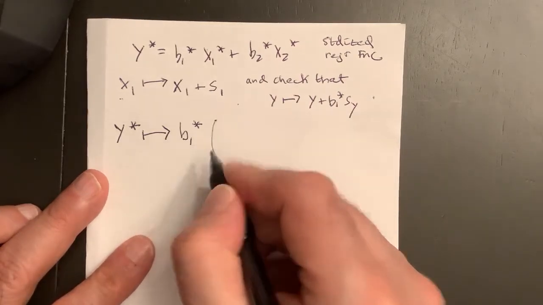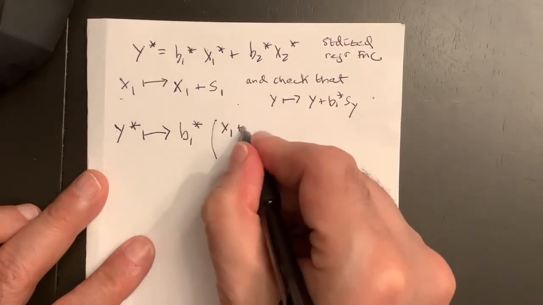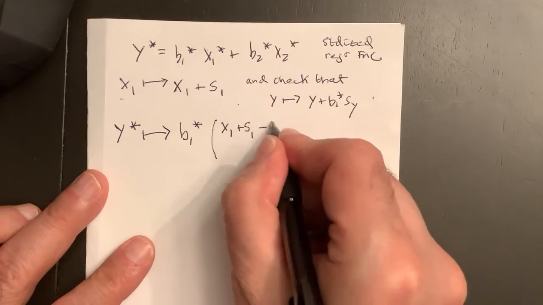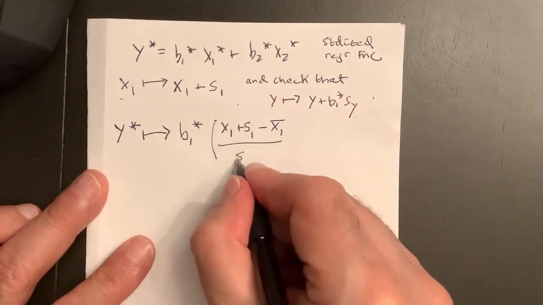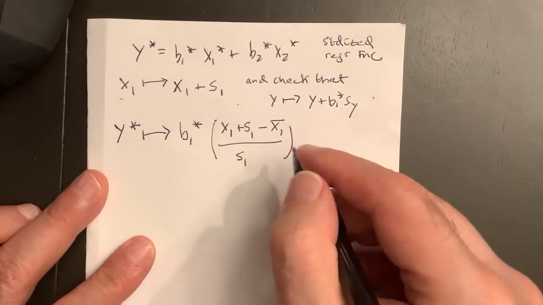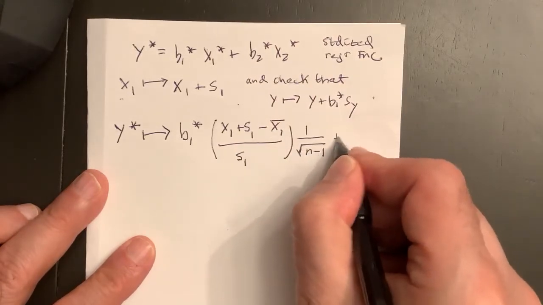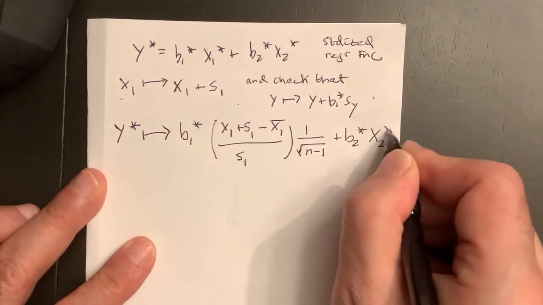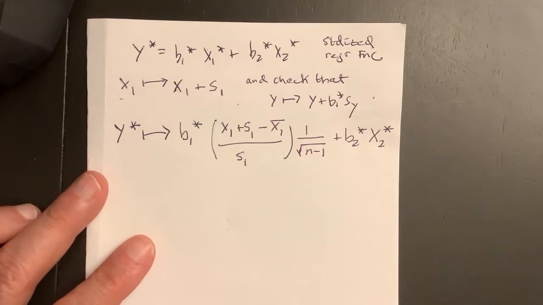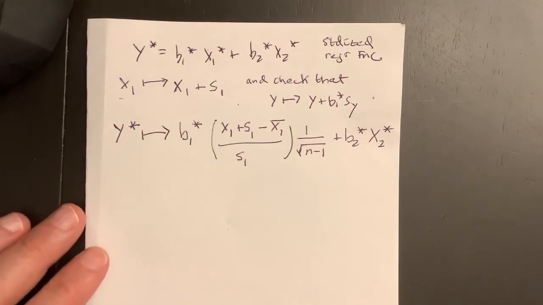So this is x1 plus s1 minus x1 bar over s1, times 1 over square root n minus 1, and we'll just write this the same way here. This is just coming along for the ride, as they say. So if x1 increases by s1, this is what happens to y star.